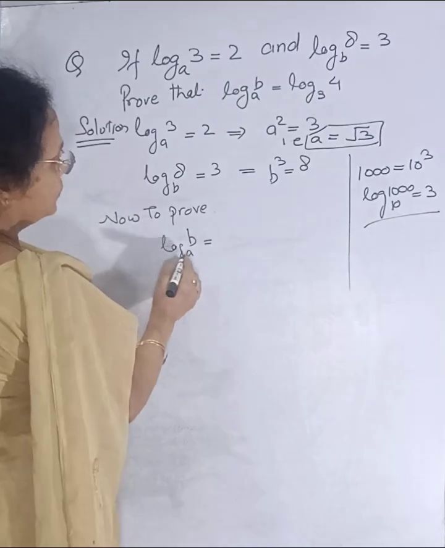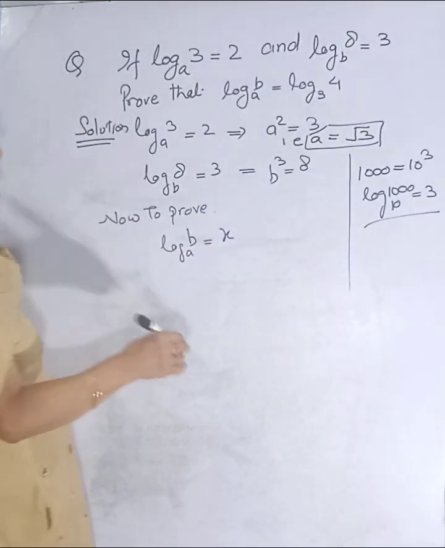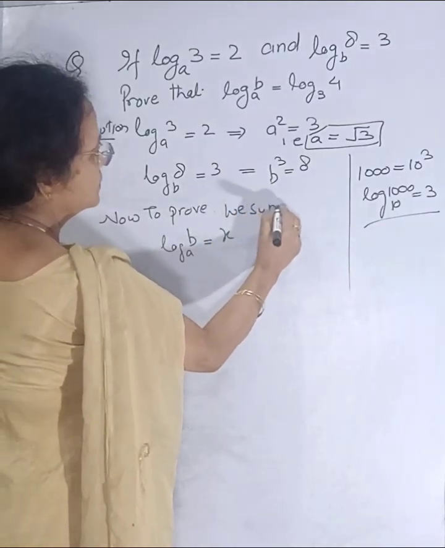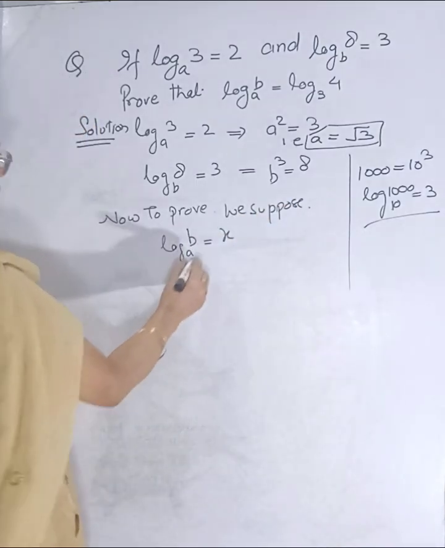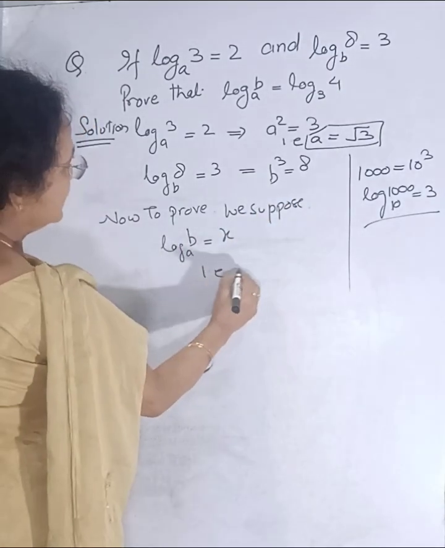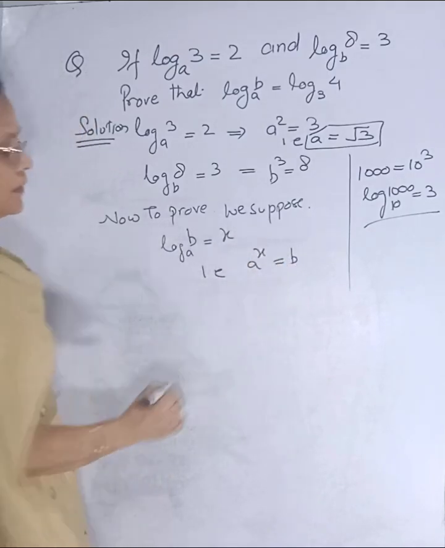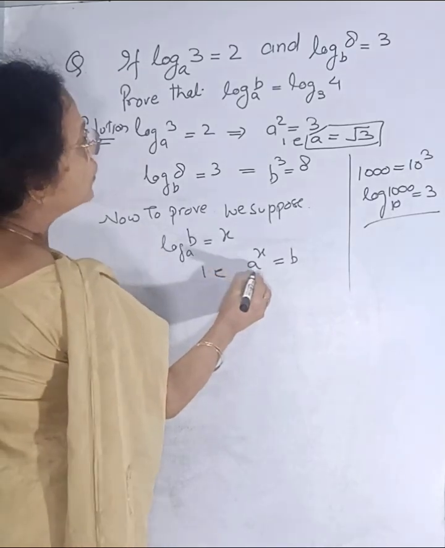Log of b to the base a, suppose this is x, we suppose. हमने ये माना. It means इसको कैसे लिख सकते हैं, a to the power x is equal to b. You can write it. So now a is equal to what?